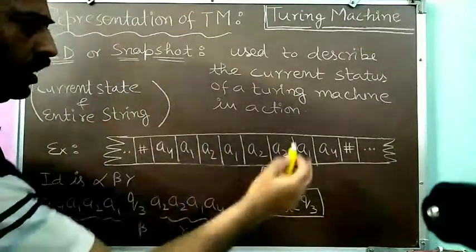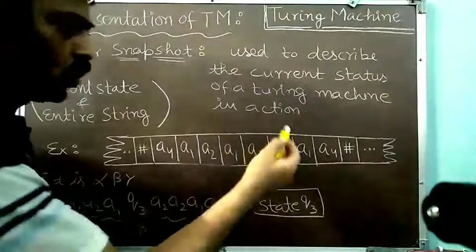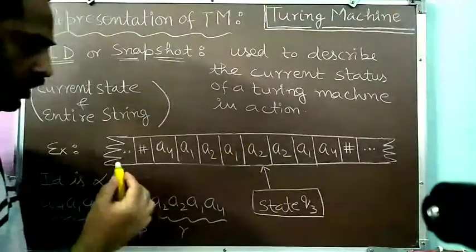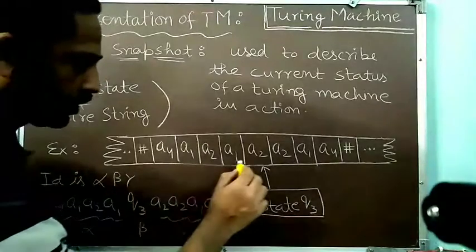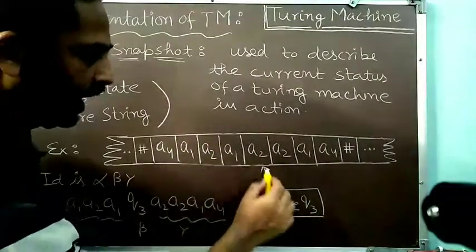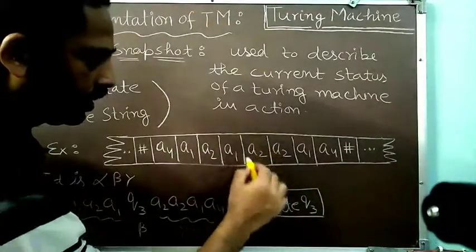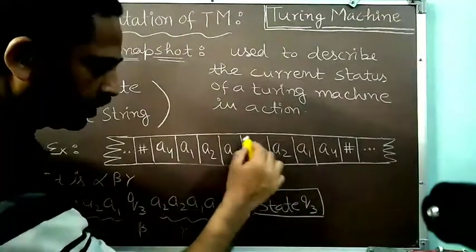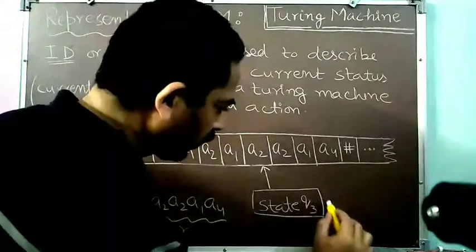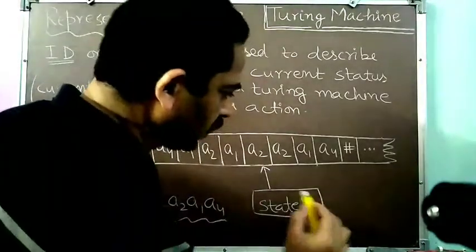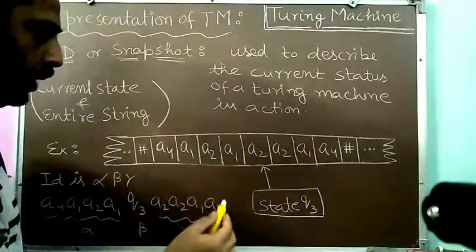It is not the input string; it is the string stored over the tape during the processing. Starting from here, we have processed the symbols up till now, and at present, we are going to process the symbol stored in this particular cell. Now our current state is Q3.